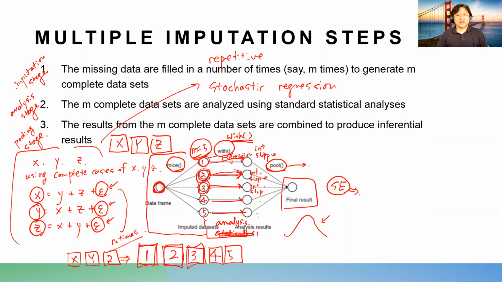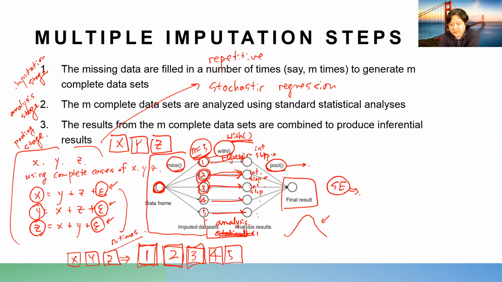Are you all clear here? Ask me a question if you're not clear. One more question. The only difference between the first imputation and second imputation is they have different error values? Yes, different errors. And that error is from a distribution we set.